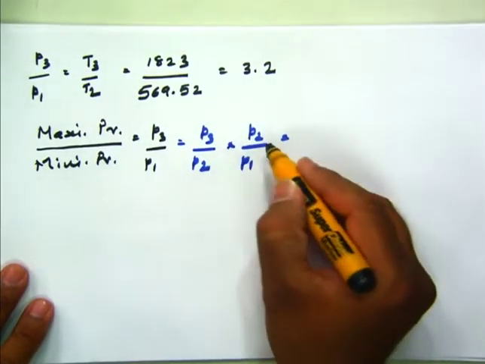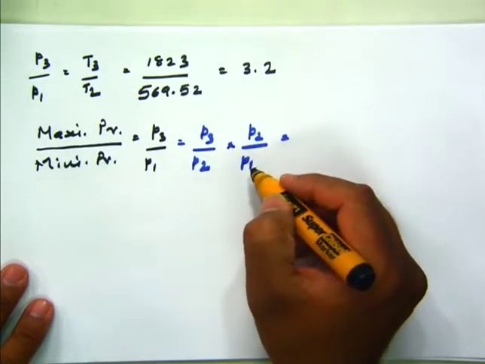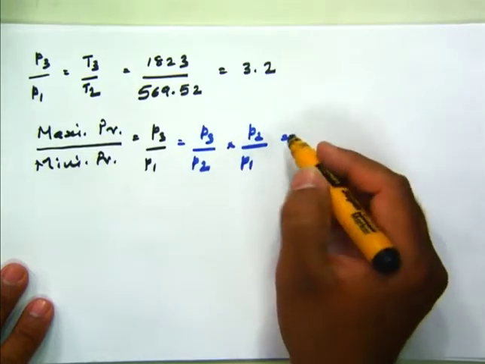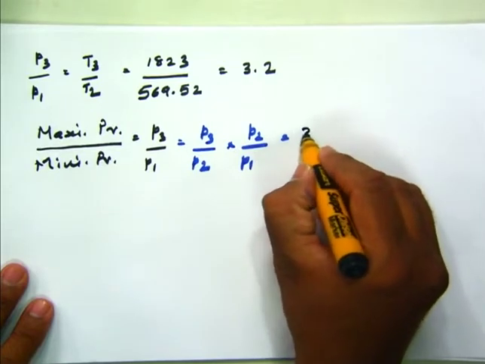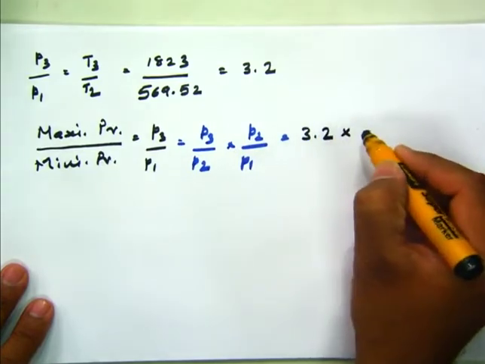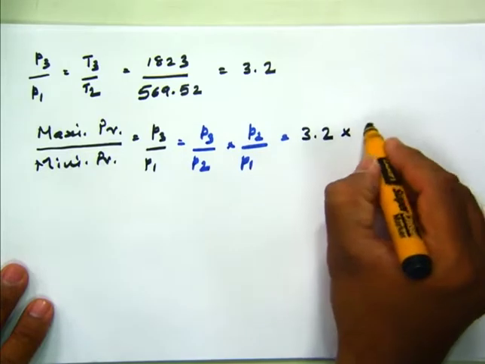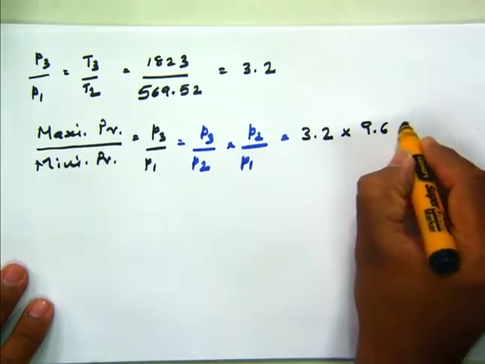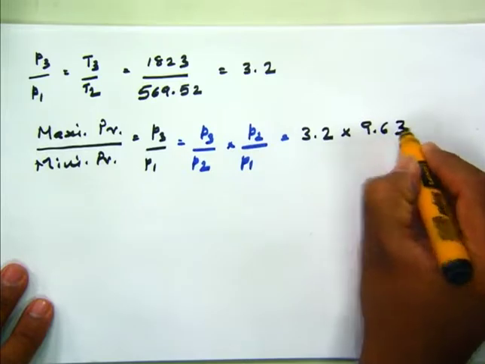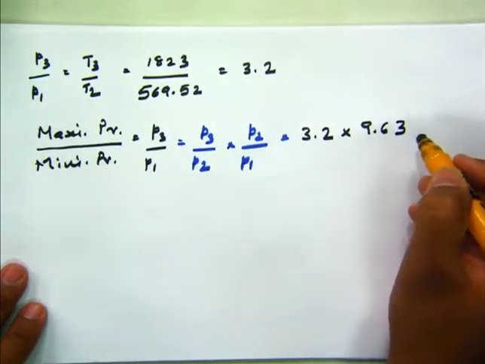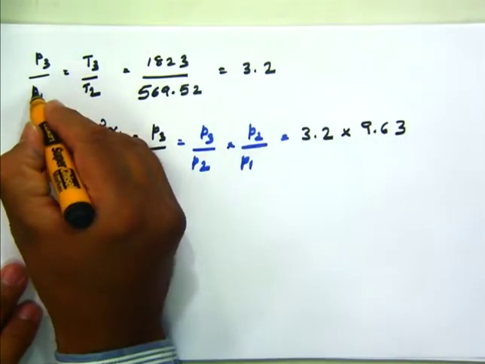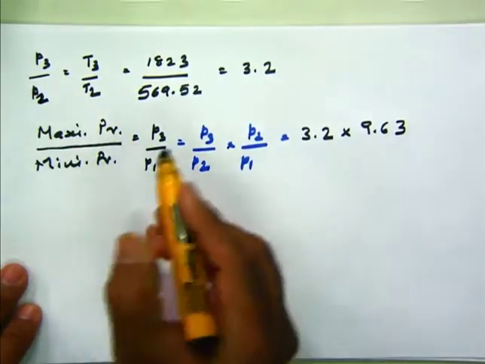Hence you can say that it is 3.2 multiplied by 9.63, because P2 upon P1 we have 9.63, and this is your P3 upon P2.